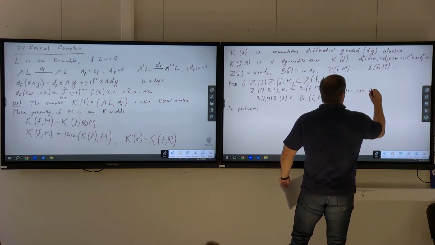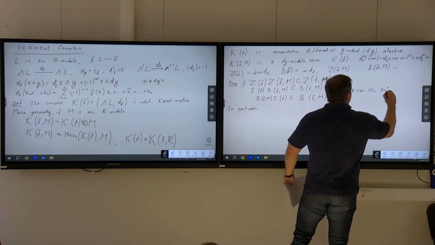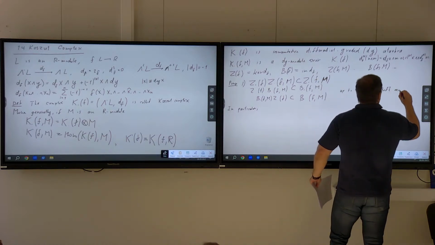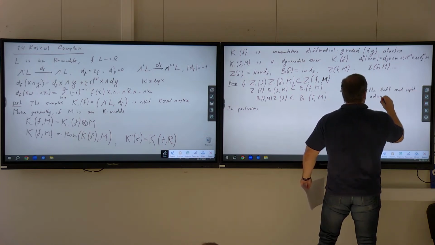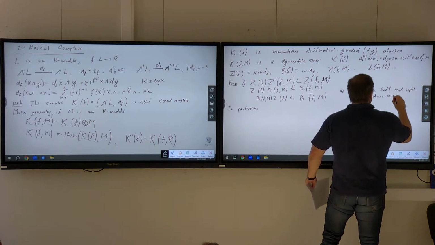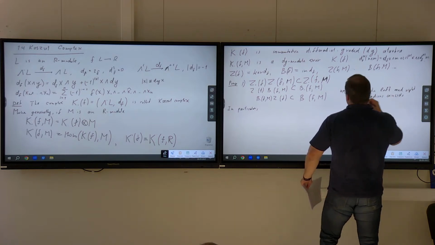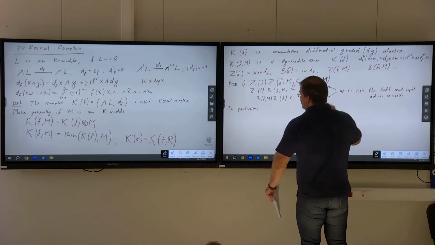Sign, the left and right actions coincide. These two actions.